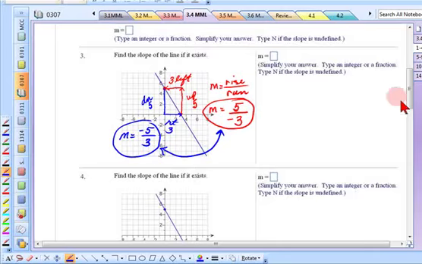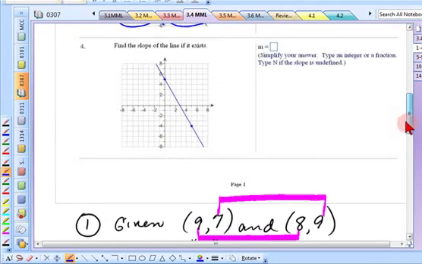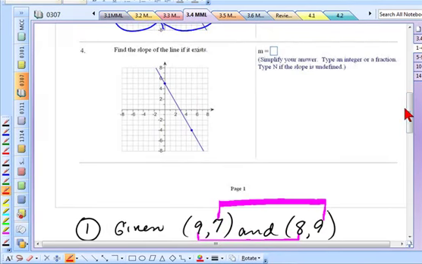Okay, let's do another one. Find the slope of the line if it exists. All right, once again, I'm going to start at the bottom and move toward the top. That's 1, 2, 3, 4, 5, 6, 7, 8, 9. That's 9 units up. That's my rise.